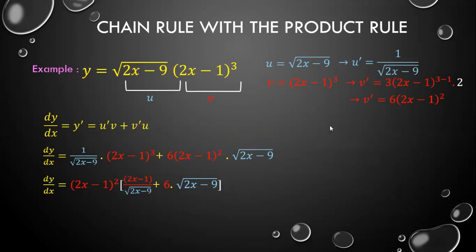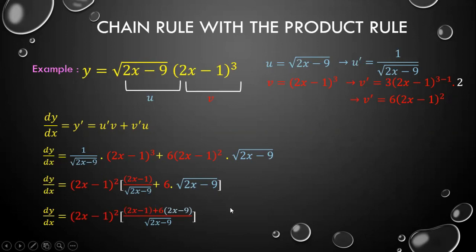Okay, next we can continue to simplify dy over dx of this function. So 2x minus 1 squared in parentheses, 2x minus 1 plus 6 times 2x minus 9 over root of 2x minus 9. I want to explain this once again, how we got this.